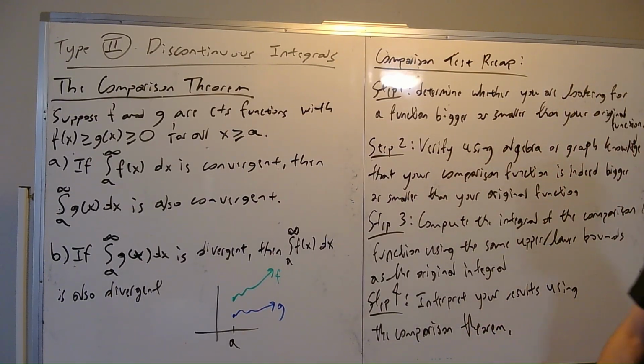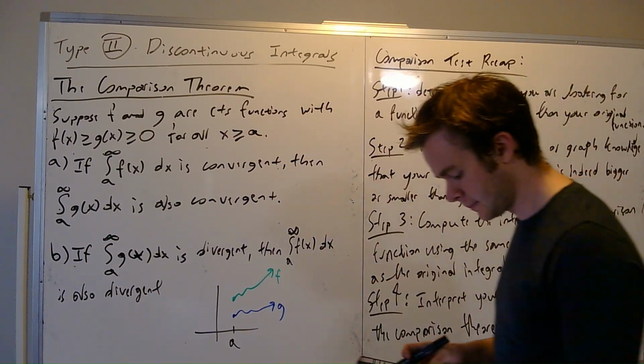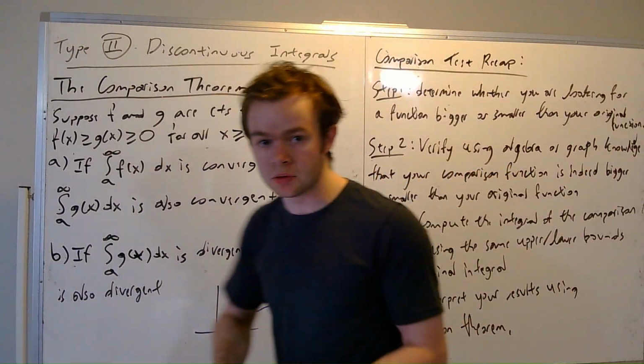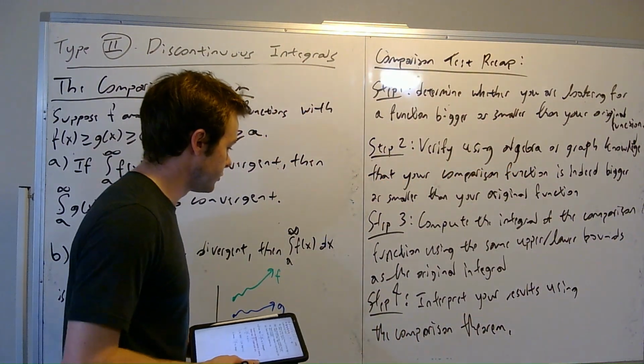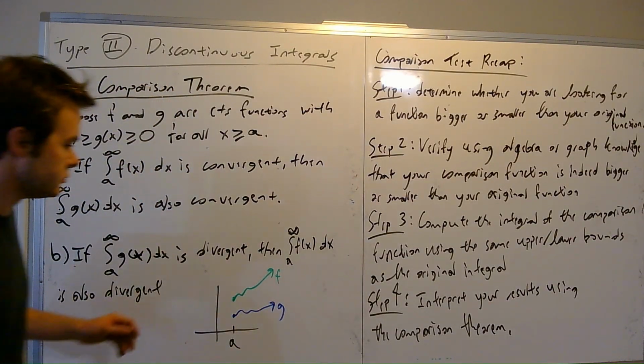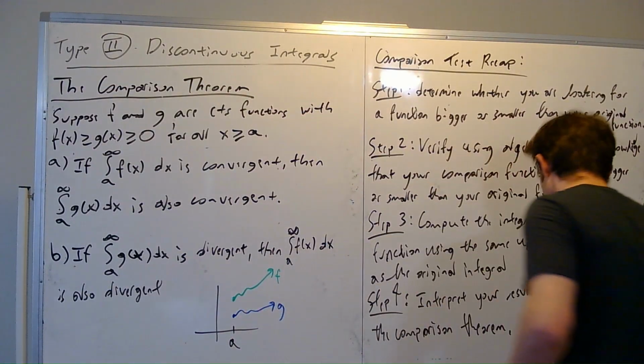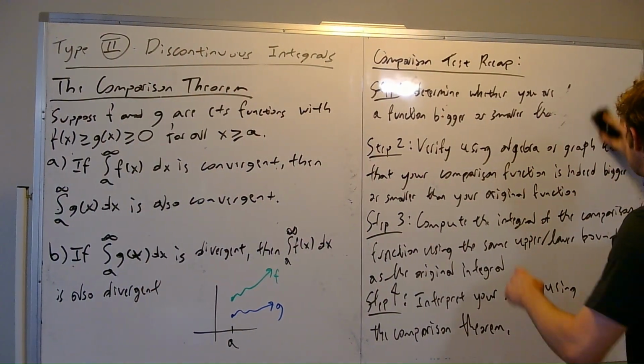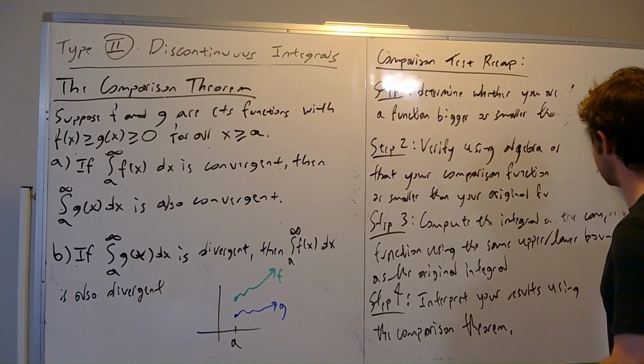Right, so this is the checklist of what we're going to do. We're going to do step 1, step 2, then step 3 and 4. Okay. And now I'm just going to do one last example using these steps. So I'm going to have to erase the steps, but we're going to use those steps.